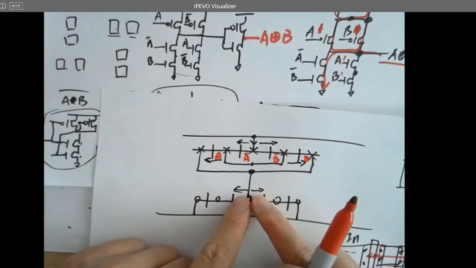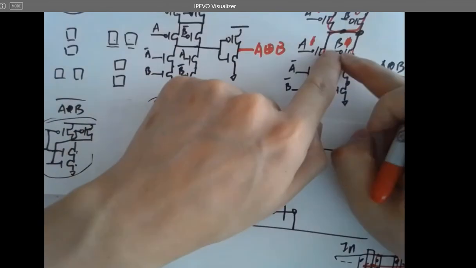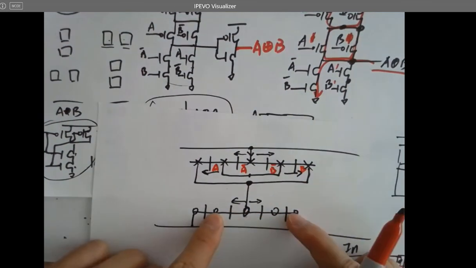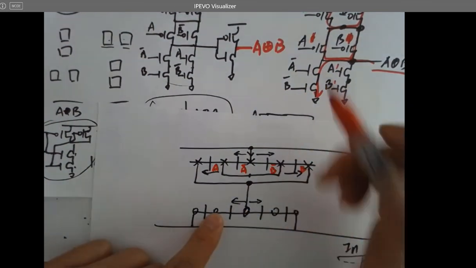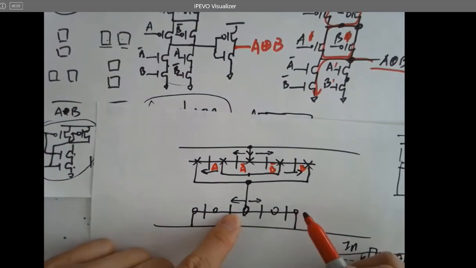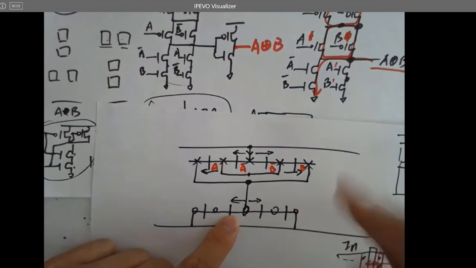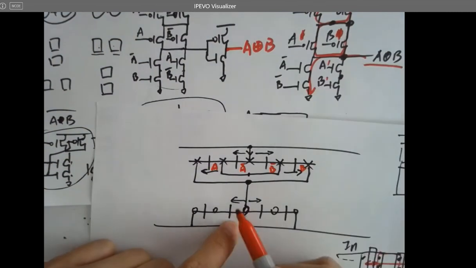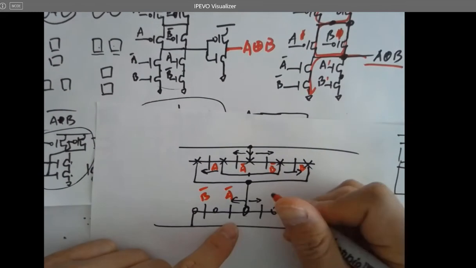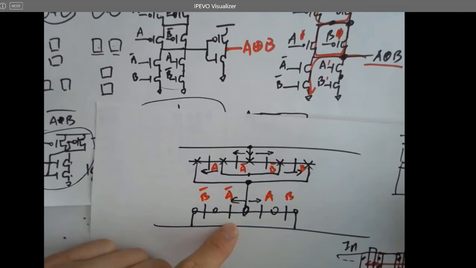Now, being split into two branches. So it should be A0, B0 in one direction and A, B in the other direction. And it doesn't matter, right? Since they are in parallel. However, you cannot label this guy as B0. So you can put A0, B0 here and A, B here, right?